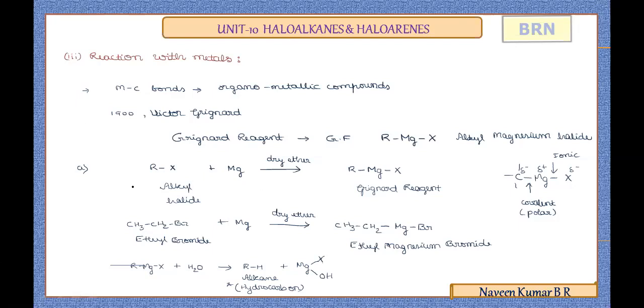If it is a 1 mark question, try to remember its general formula, the nature of the bond between the carbon and magnesium, the magnesium and halogen, and about the reactivity. That is, Grignard reagent is a highly reactive species.